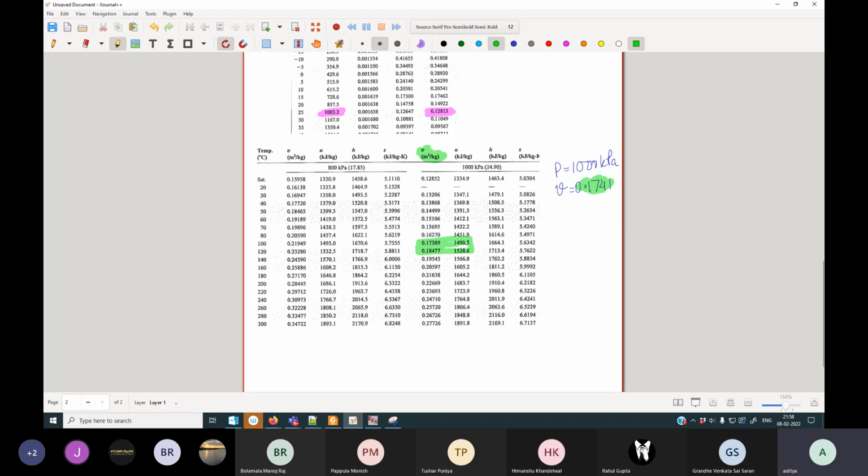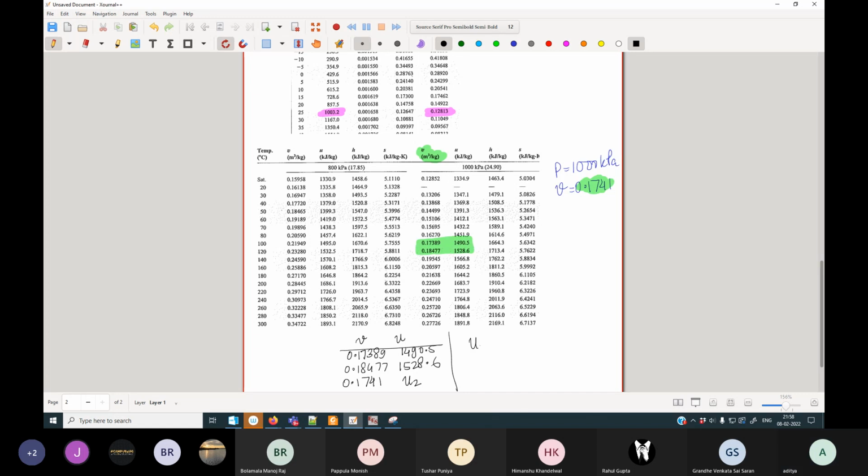I'm just highlighting the U as well. V is 0.17389 and 0.18477, and we need 0.1741. Corresponding to this, U is 1490.5, over here 1528.6, and here we have U2, which is what we need to find out.